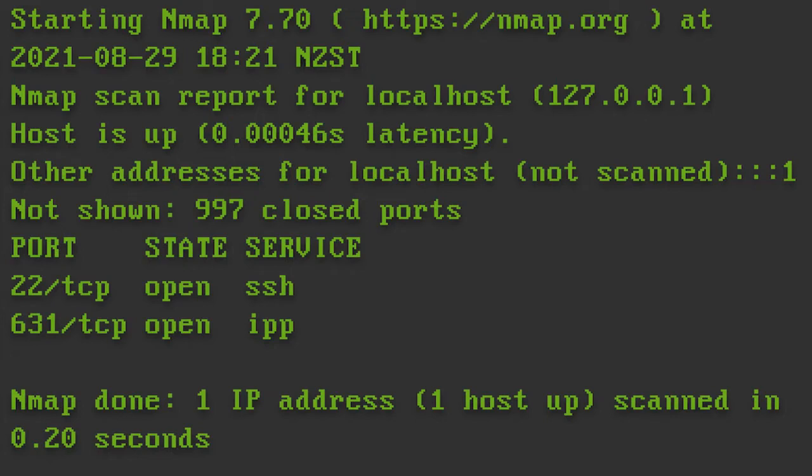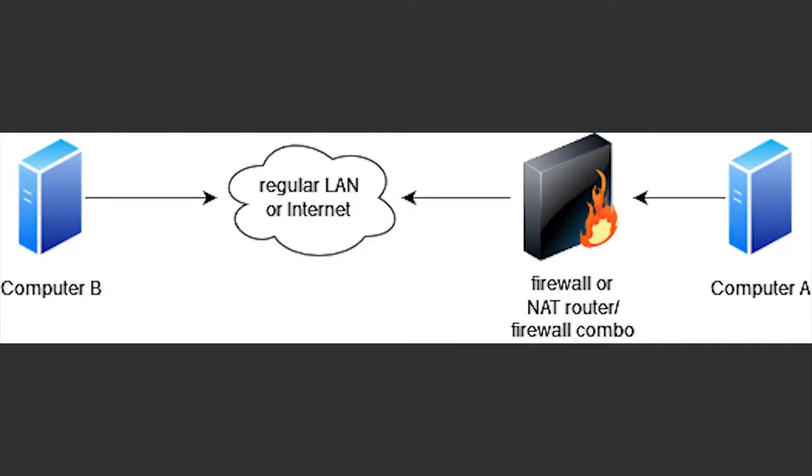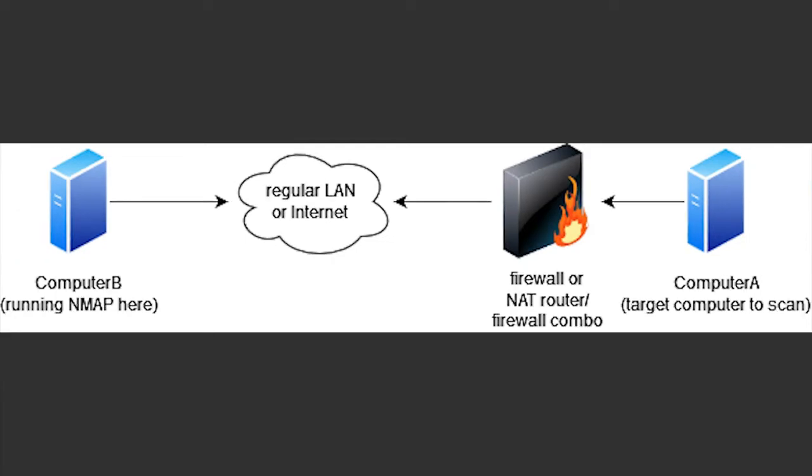Now, you might have already been thinking about this, but now is probably a good time to have a quick word on firewalls. Say I had a firewall in front of my localhost machine here. Let's call this one computer A. And now I was scanning from a computer that was behind that firewall, let's say computer B. So computer A, firewall, and then computer B where I'm running Nmap from.